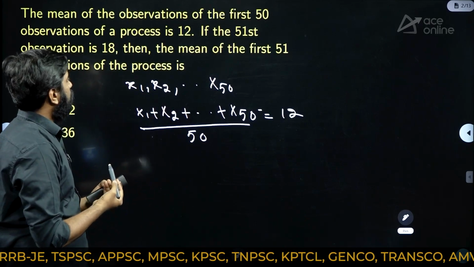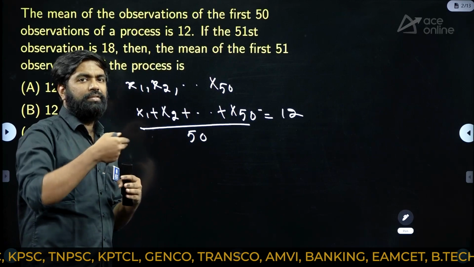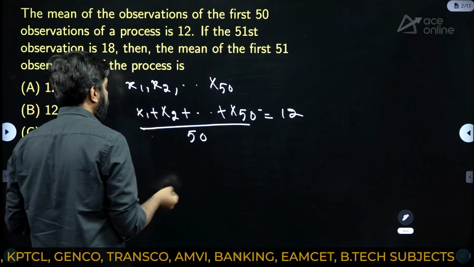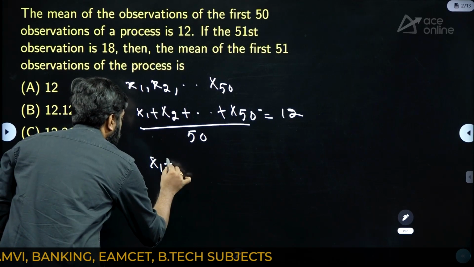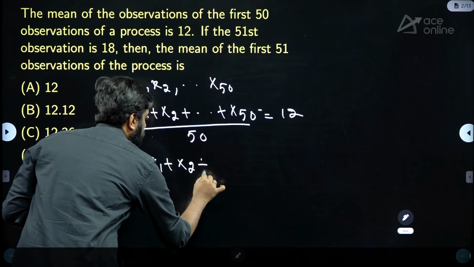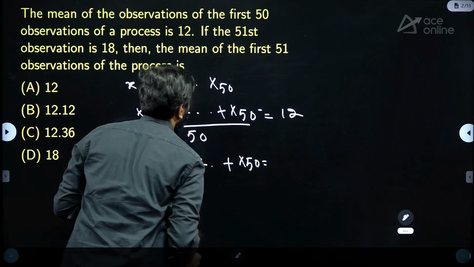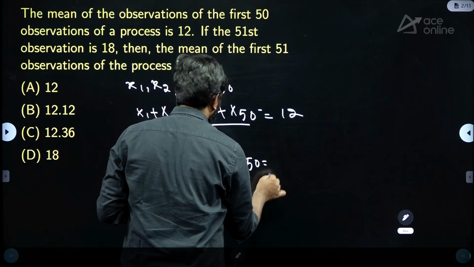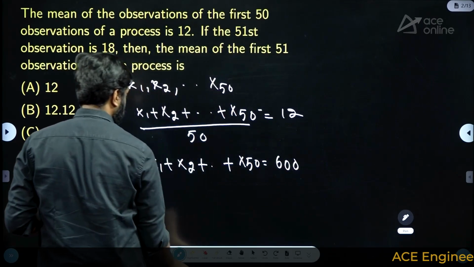And if you add one more observation, the 51st observation, what is the new mean? For that, let us send this to the other side. So we have x1 plus x2 plus so on plus x50 equal to 12 into 50. So 12 into 50 is, I think, 600. Use your calculators to verify this.